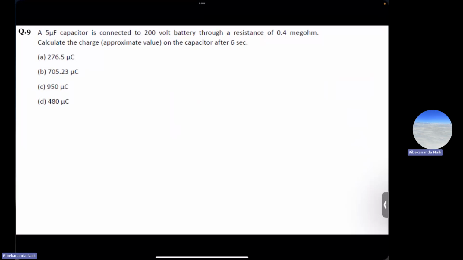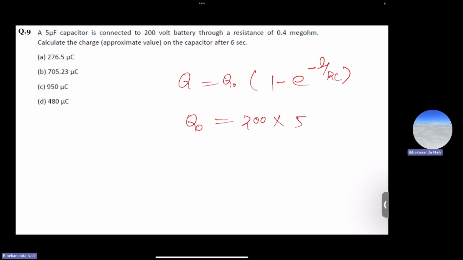So this type of question we had already discussed. We know Q is given as Q0 into 1 minus e to the power minus t by RC. So what is Q0? Q0 is 200 into 5 microfarad, so it is 1000 microcoulomb or 1 millicoulomb.